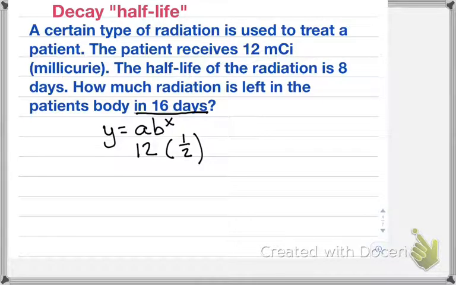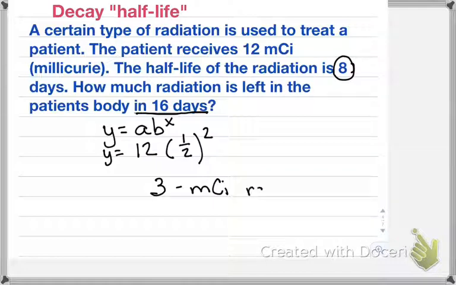In 16 days, we need to know how many half-lives occurred. Well, if each half-life is 8 days, how many times is 8 going to 16? Well, that's 2. So then we're talking about a 2. So when we put this into our calculator, a half raised to the second power, then times 12, the patient would have 3 millicurie of radiation left in their body.